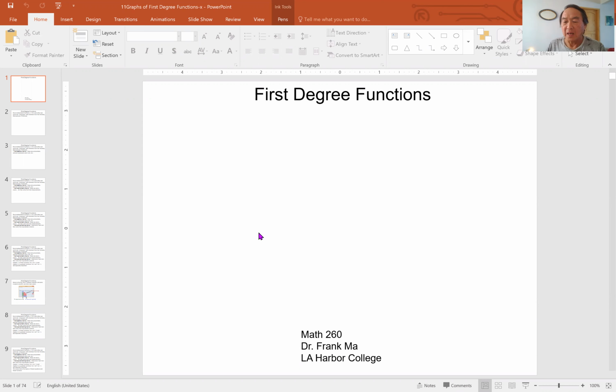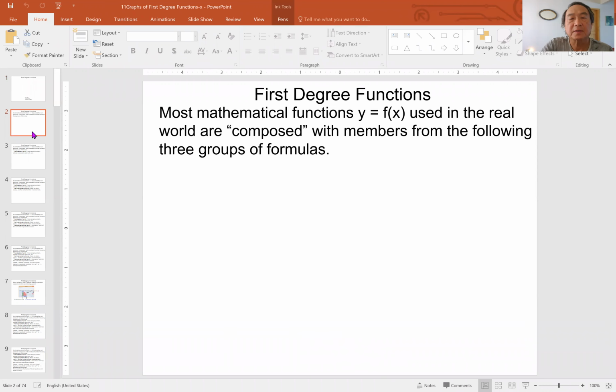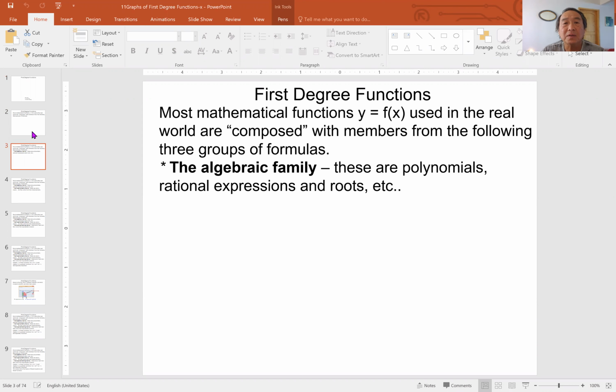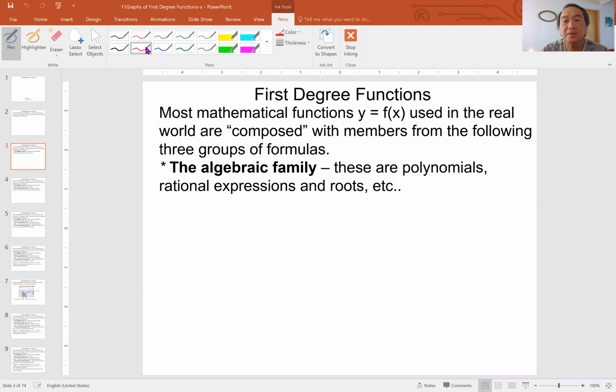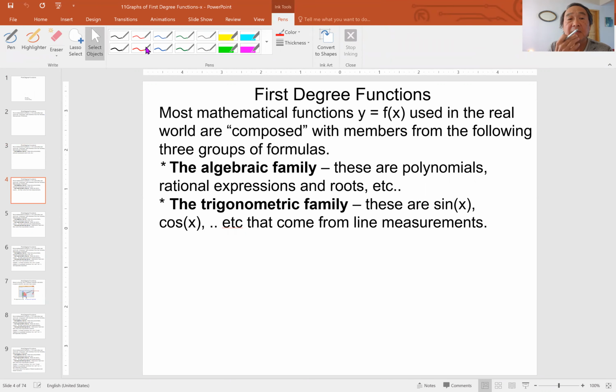We call a function a procedure that produces one output for each input, only one. In mathematics, there are basically three classes of functions. The algebraic ones, these are the functions like polynomials and fractions, rational formulas, and the trigonometry families, which are related to triangular measurements.